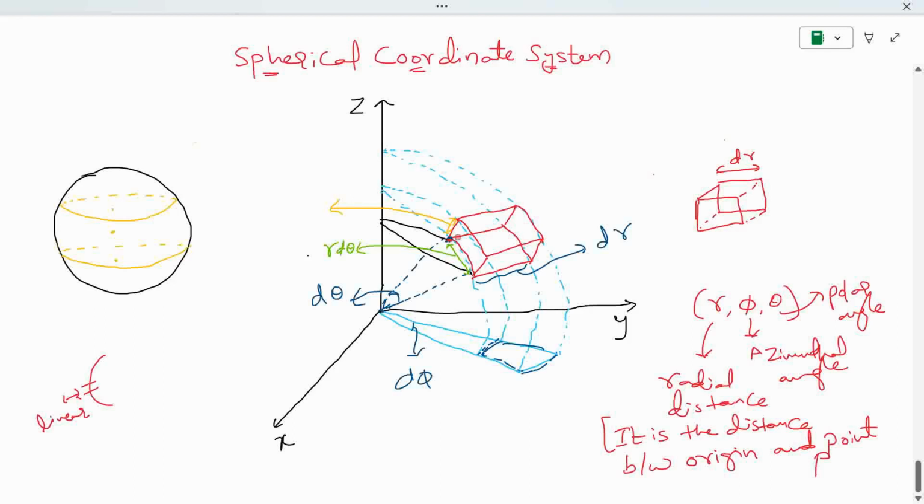Let me name this point, say, point P. So let's write the coordinates. In order to write the coordinates here, we measure the distance from this point to the origin, that is r, a variable. And next is the azimuthal angle.